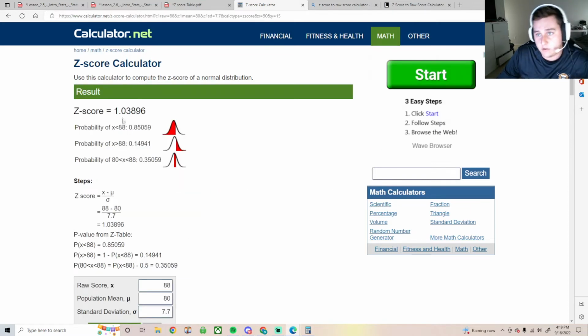As you can see here, this is 1.038, so this would round up to 1.04. Not only that, it will also give you all of the areas associated with that z-score. So it'll tell you the area to the left, the probability of x being less than, the area to the right, and the probability of x being sandwiched in between the mean and the location that you're at. So in this case, the probability from the mean.